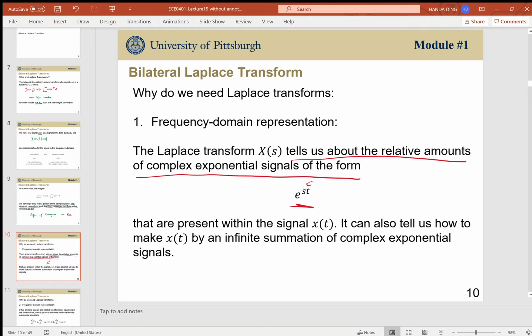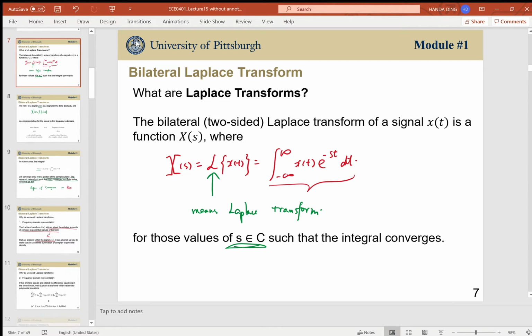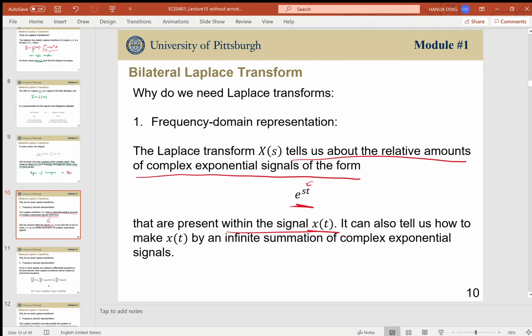And we want to represent the signal x(t) by the equation that I just showed you here. It tells us how to make x(t) by an infinite summation of complex exponential signals. It's really the two-way perspective: one from the time perspective, the other from the frequency domain.